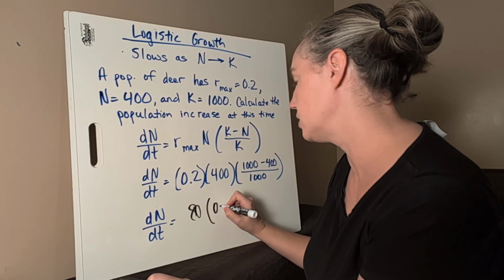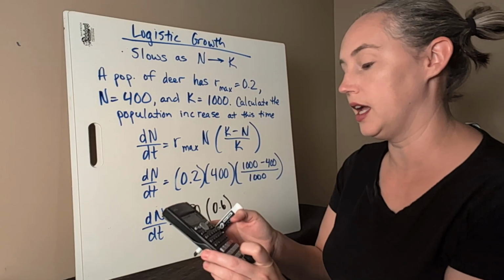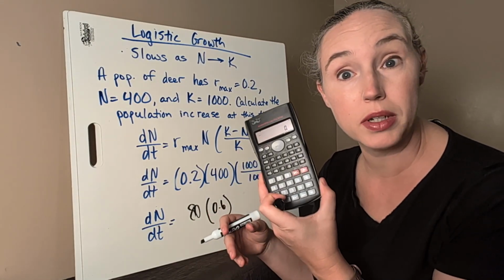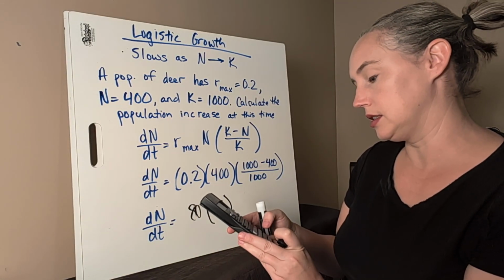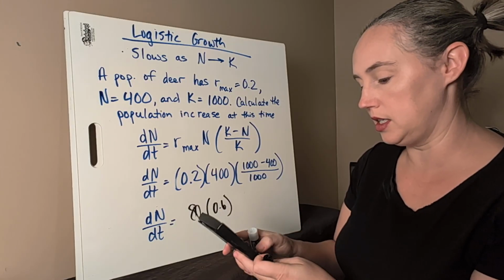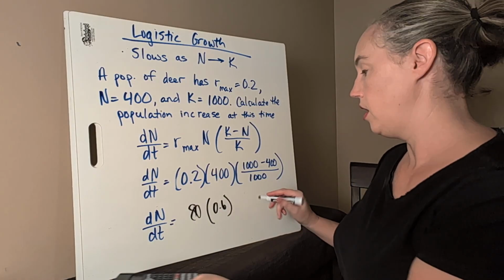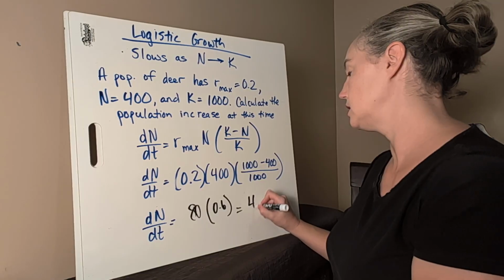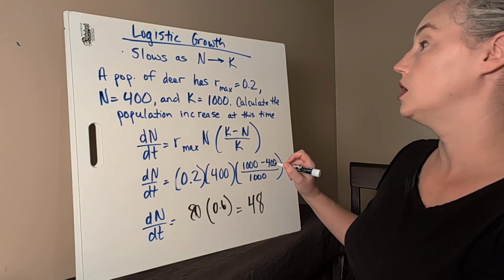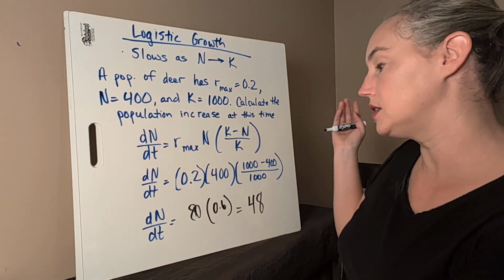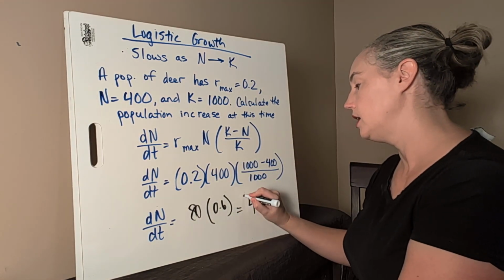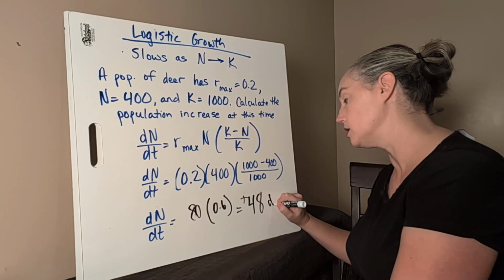So times 0.6. And if you want to do that in your calculator just to be double sure, please do. So 0.6 times 80 equals 48 deer. So our population increase at that time is increasing by 48 deer.